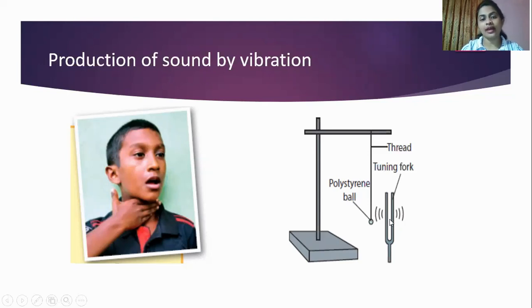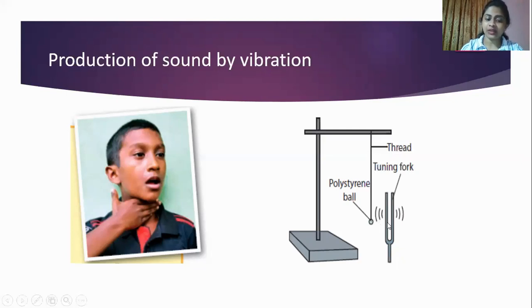First, you have to hang the small polystyrene ball using a thread as given there. After vibrating the tuning fork, you have to keep it near the polystyrene ball. Actually, you have to keep it in contact with the polystyrene ball.